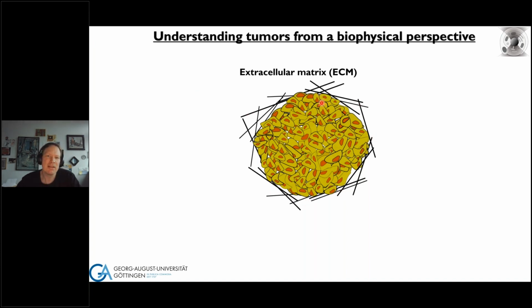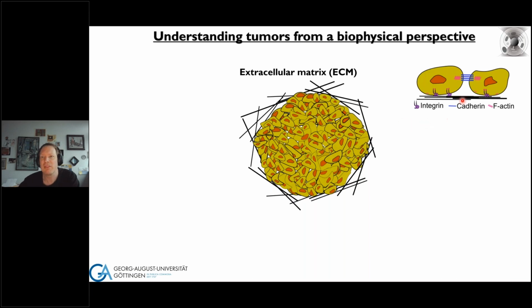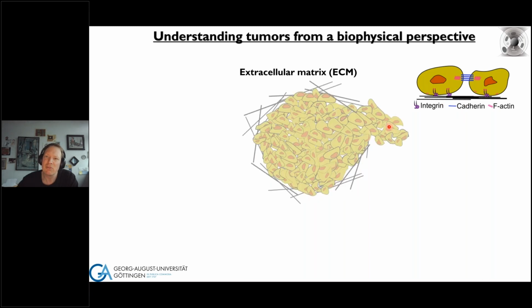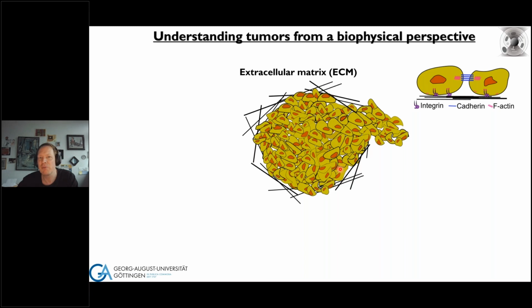Typically it's embedded in a surrounding extracellular matrix. Nowadays, tumors themselves are not a big problem anymore in most situations, but what really becomes a problem is when the cell-cell interaction between these cells, typically mediated by cadherin, starts to get loosened, and then these cells start to migrate out of this primary tumor and invade the tissue.